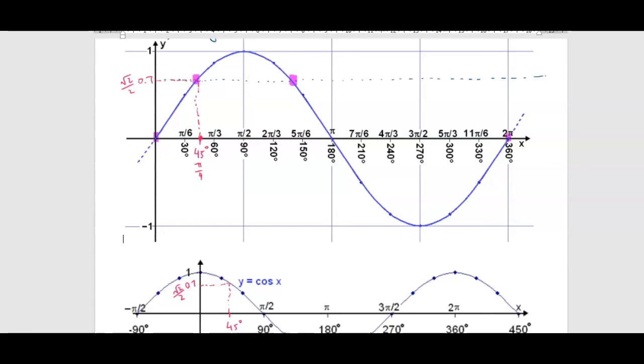And we can also do the negative value. So if I go down to here for negative 0.7, because remember in your unit circle, sine is both positive and negative depending on which quadrant you're in. So if we go down here, now this doesn't mean negative 45 degrees.